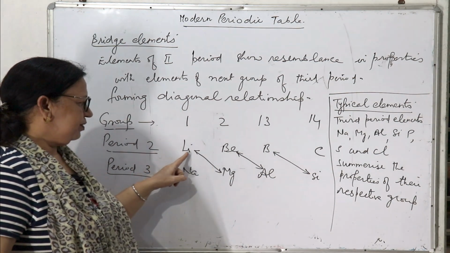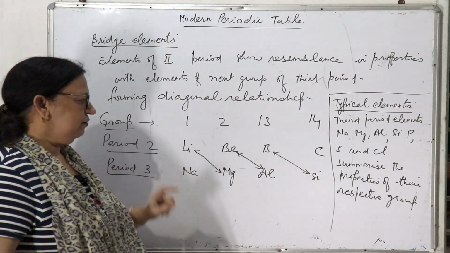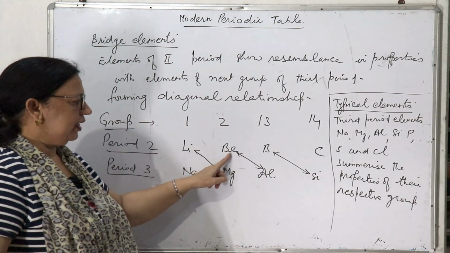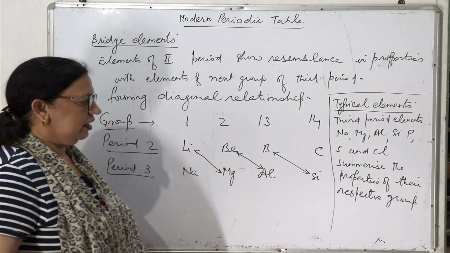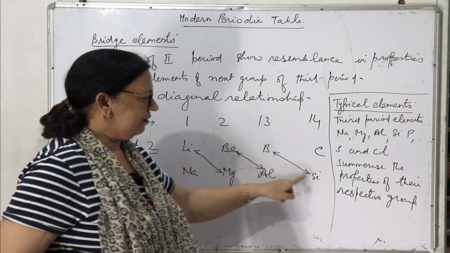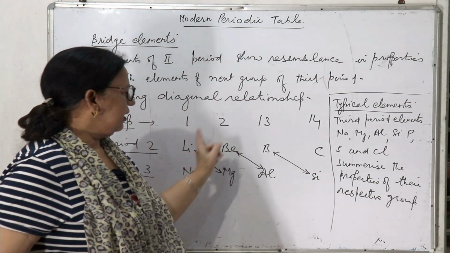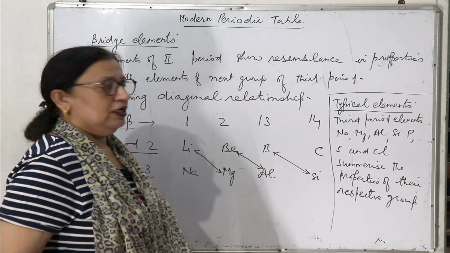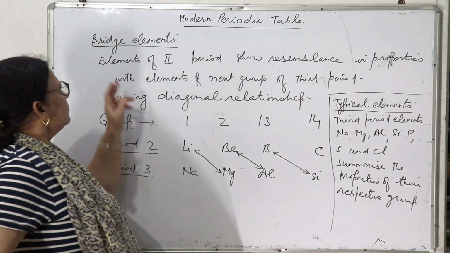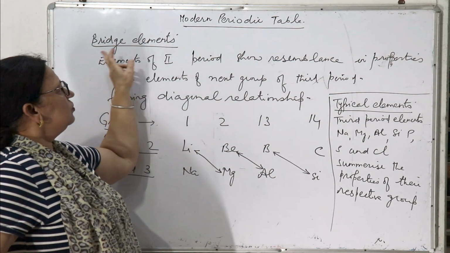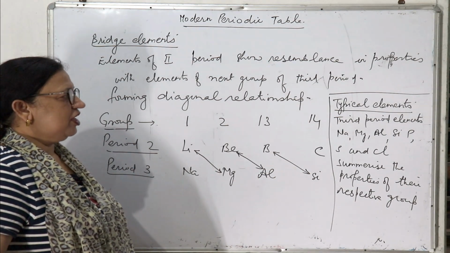Some properties of lithium are similar to magnesium, beryllium is similar to aluminium, and boron is similar to silicon. So they form a diagonal relationship in their similar properties. Because they form a bridge, they are called bridge elements.